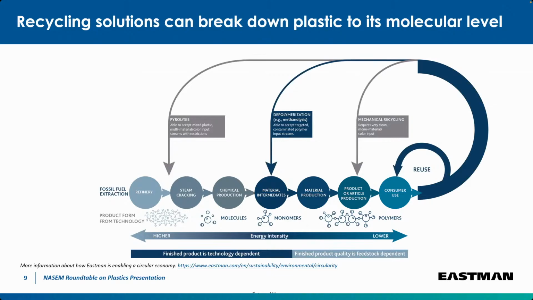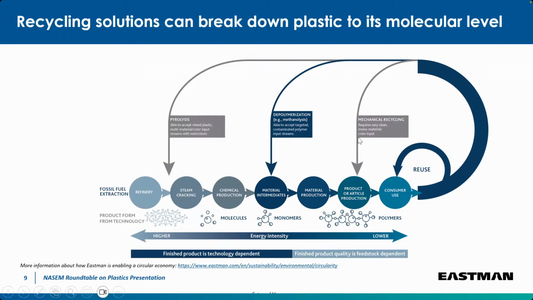Now, as we think about depolymerization, which is an area where Eastman is investing right now, and specifically methanolysis for Eastman, this is where we will take those materials and go back into material intermediates. And from that, continue back down that process to be able to make new products. Now, with a technology like pyrolysis, it goes back a little bit further.